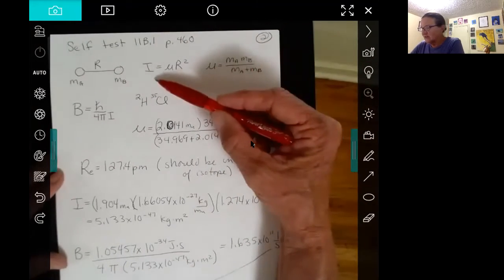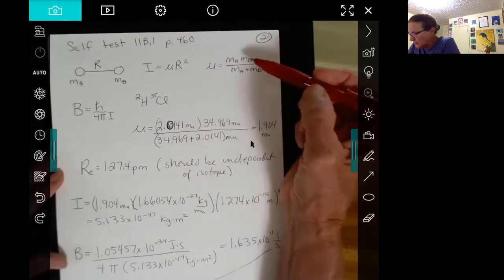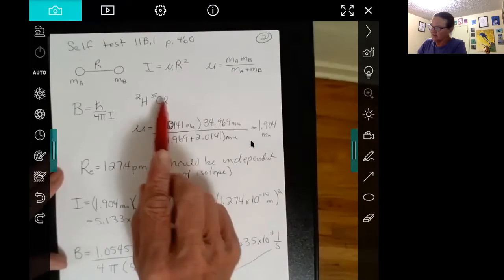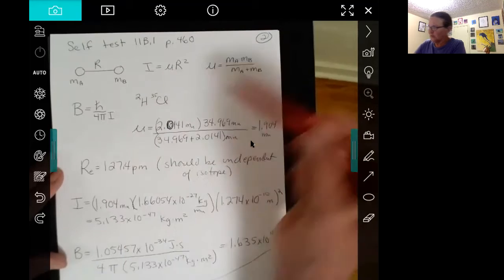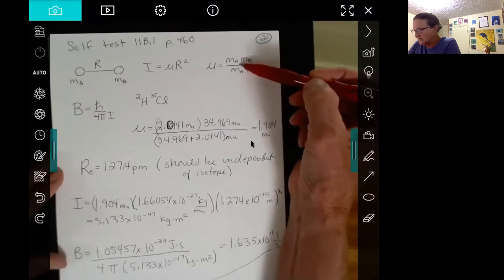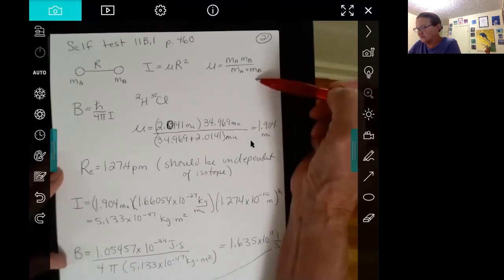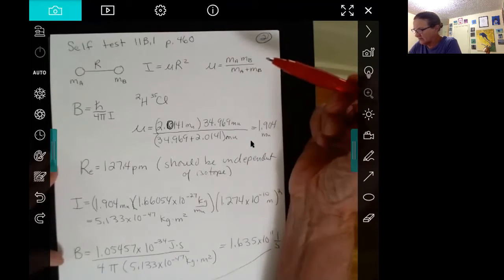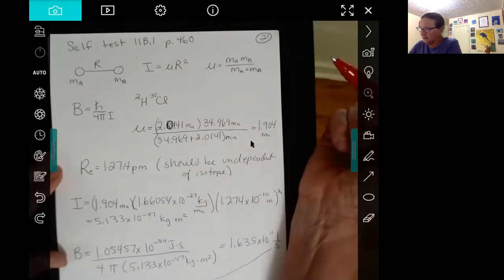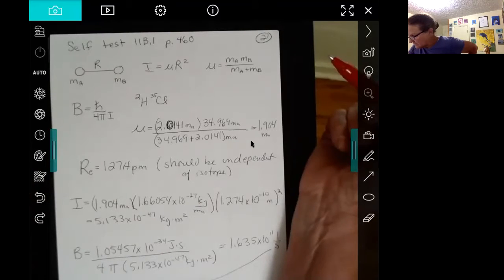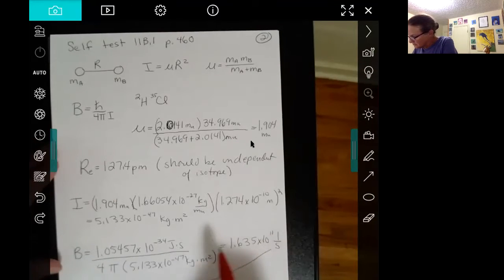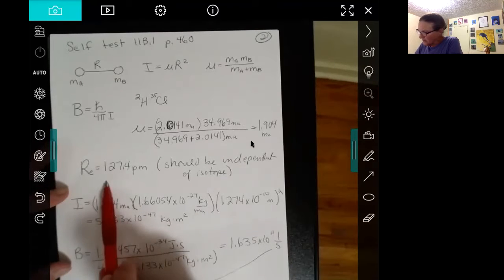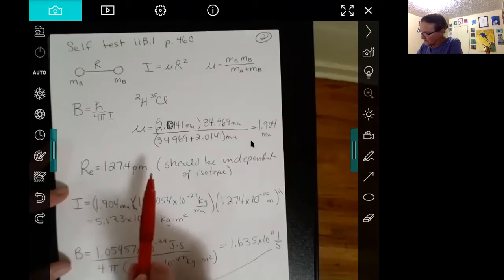When we get the moment of inertia, we know that it's the reduced mass, because these two masses are rotating relative to each other. So it would be mass of the hydrogen times mass of the chlorine over the sum. And then we can use the bond length to figure out how far they are from the axis. Yeah, the bond length should be the same.